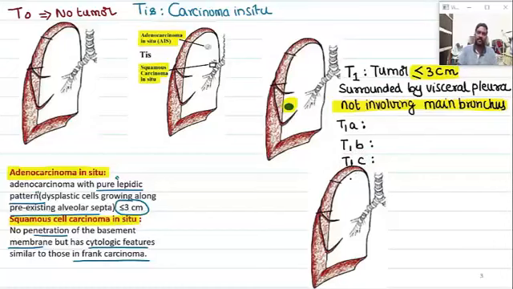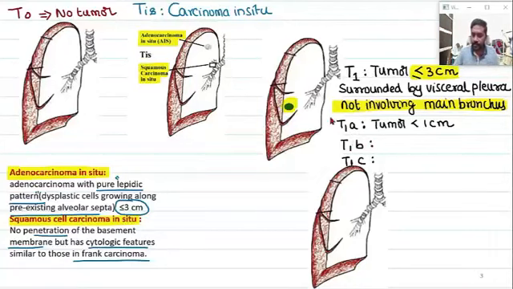So again in T1, we have T1A, T1B, and T1C. For T1A, the tumor size is less than 1 centimeter.